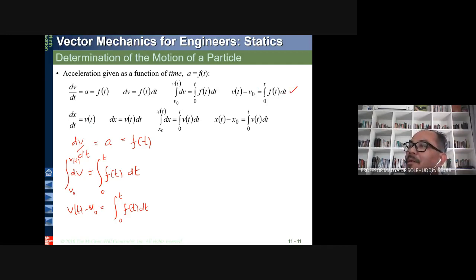How about the other one, which is the displacement. For displacement, we start from here. Always remember, I would suggest all of you have one sheet of formulas. We call it a formula sheet. So the important formulas are already at hand, rather than having to look at different places.